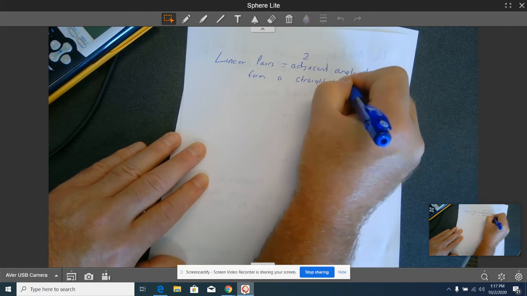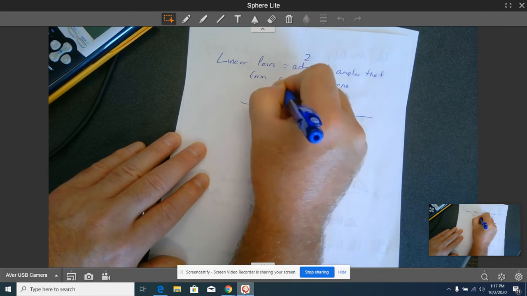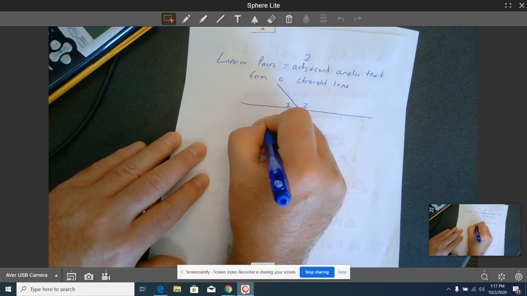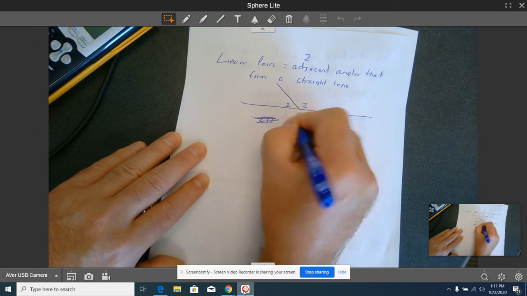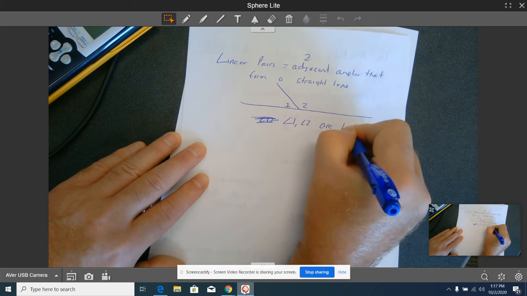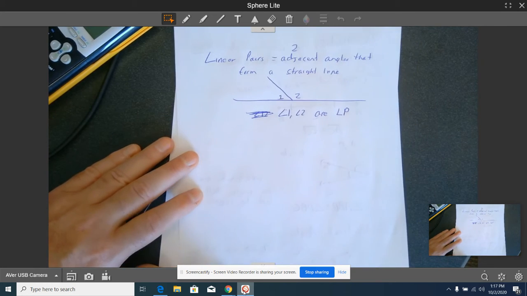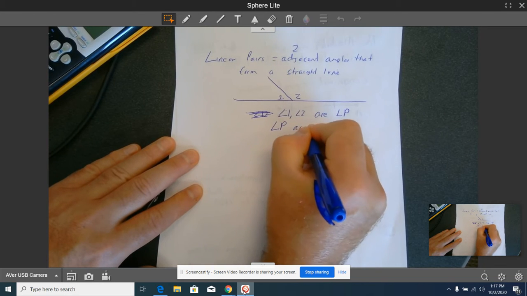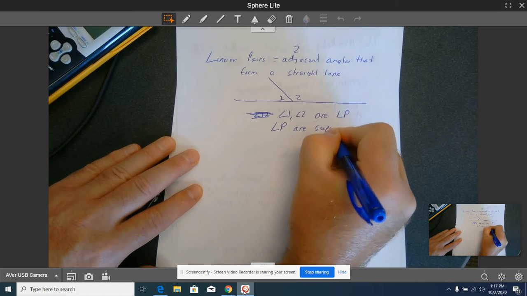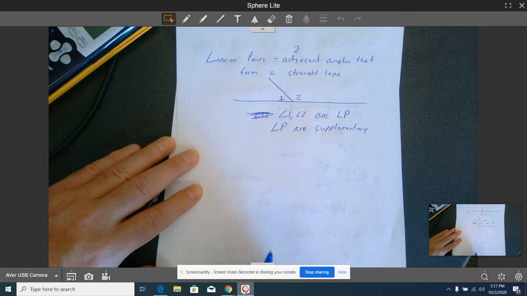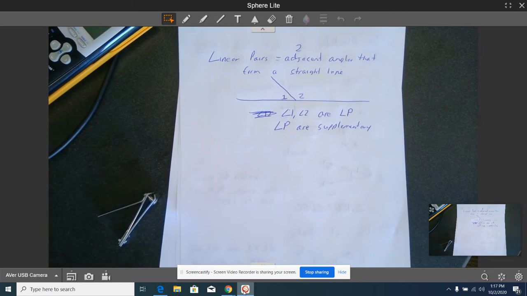For example, angle 1 and angle 2. Angle 1, angle 2 are LP for linear pairs. And you know what? Linear pairs are also supplementary. Do you remember what that means? Supplementary means 2 angles that add up to 180 degrees. Okay, that's a linear pair.